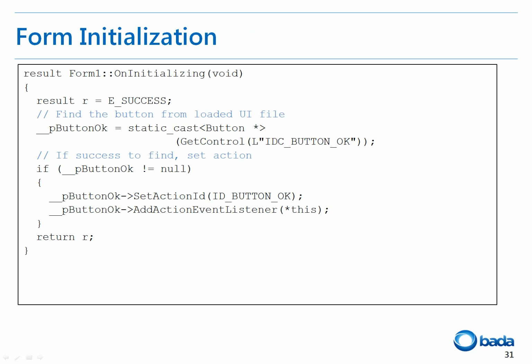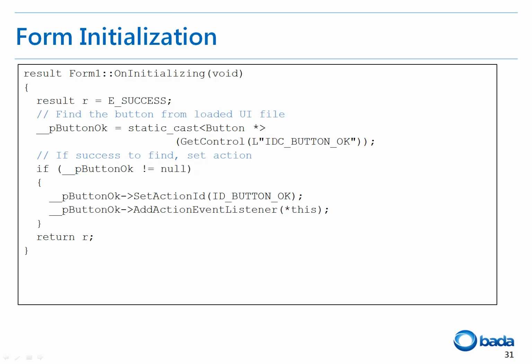This is the default OnInitializing code available in the form1.cpp file. As we saw earlier, IDC_BUTTON_OK is the ID of the OK button in Form1. We can see that the GetControl method with the ID, here IDC_BUTTON_OK, is used to get the control, i.e. the OK button.